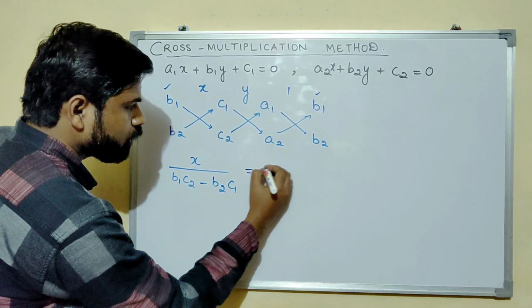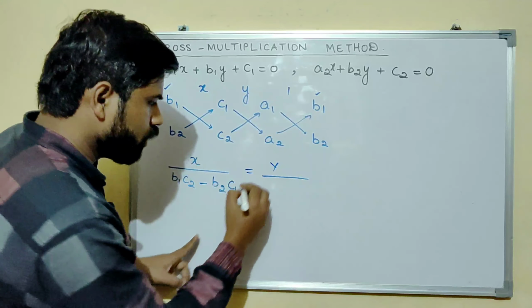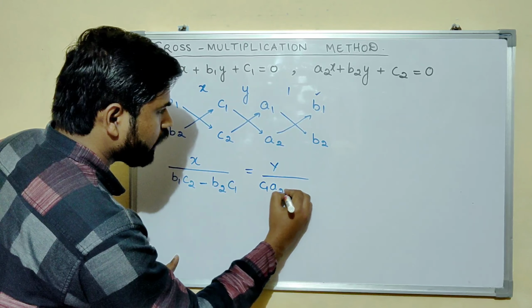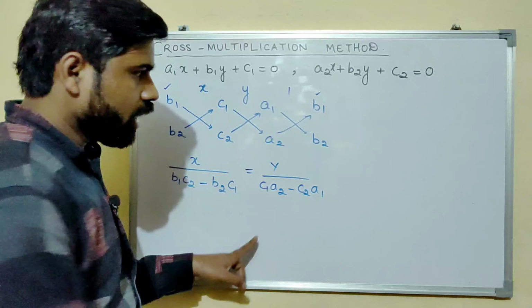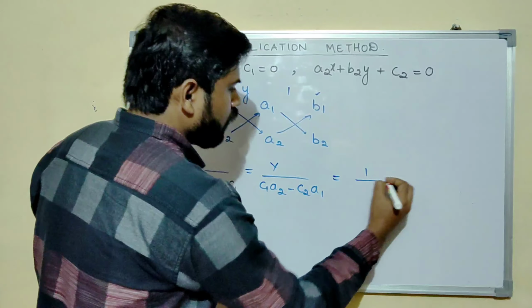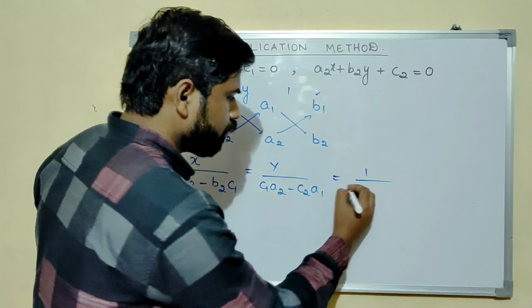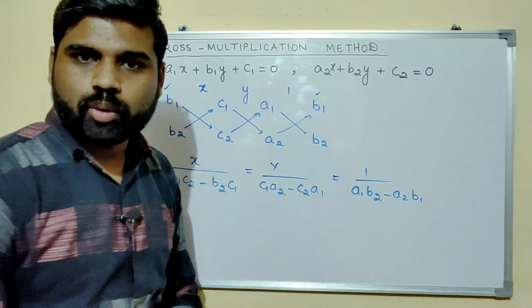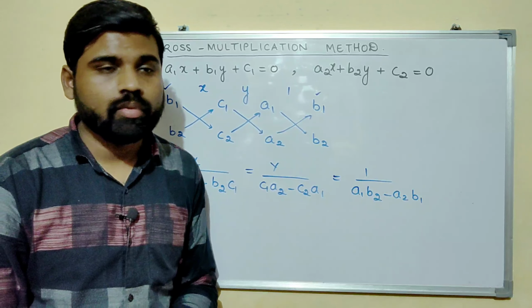Equals y upon c1 into a2 minus c2 into a1, equals 1 upon a1 into b2 minus a2 into b1. Now simplify this, you will get the answer for x or y.